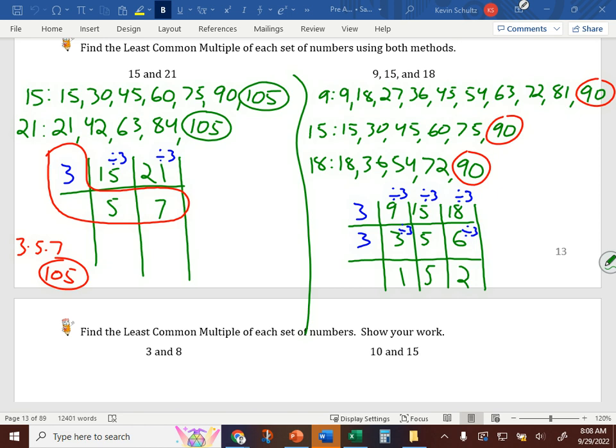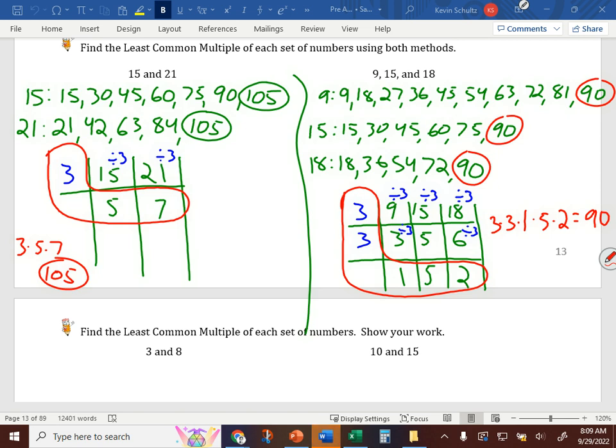Okay? Now, there's nothing I can do with 1, 5, and 2, any of it. So now I go to my L. It all gets multiplied together. 3 times 3 from my column, times 1, times 5, times 2, and that gives me 90.